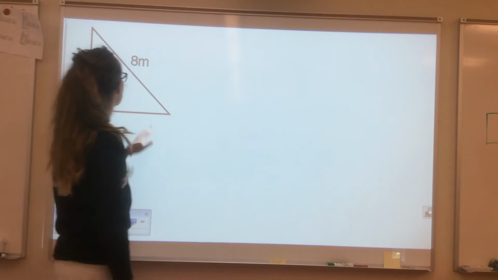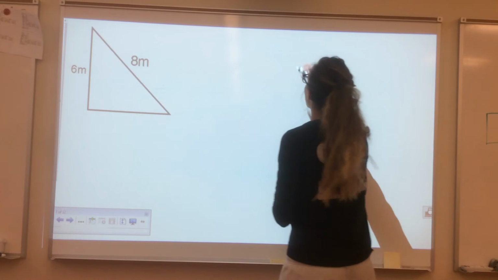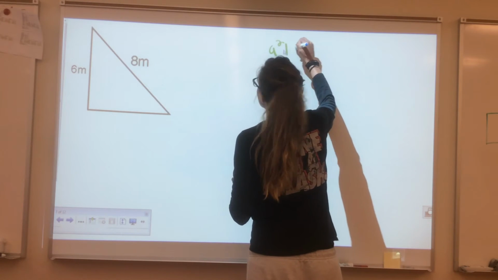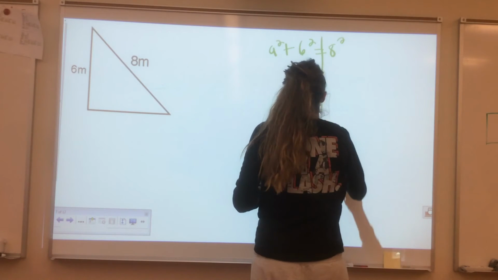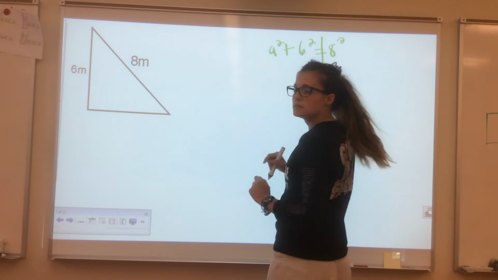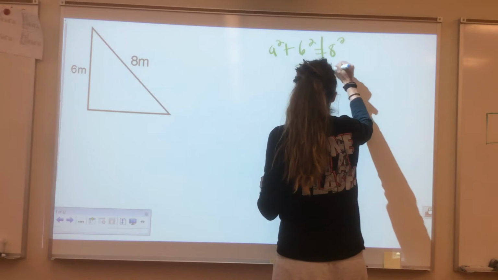All right, next one, I have 8, 6, and a side. So A squared plus 6 squared equals 8 squared. 6 squared, 6 times 6, 36. 8 squared, 64.